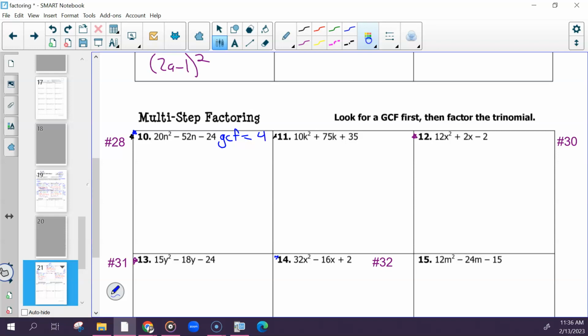So if we divided everything by 4, what would be left? n squared minus 6.